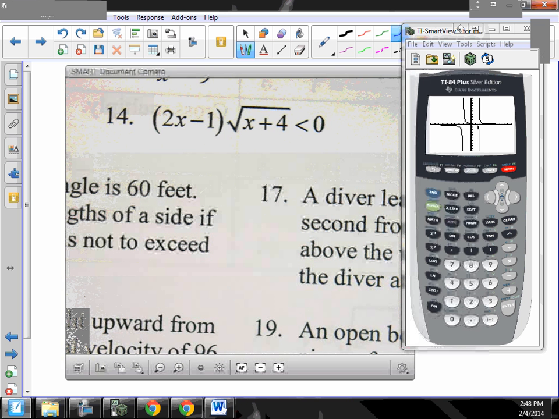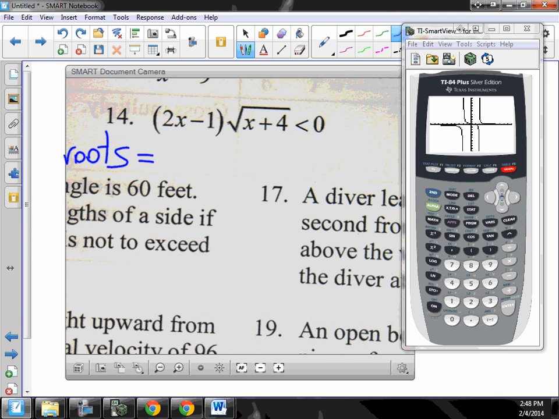Okay, so roots. What's the root of the first factor? 1/2. What's the root of the second factor? -4.